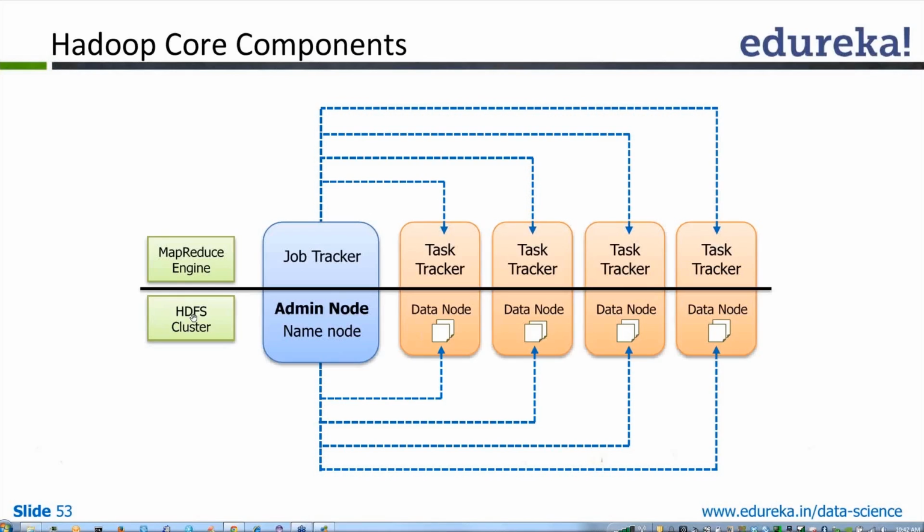Okay, so HDFS is for the storage aspect, and the MapReduce engine is a data processing platform, or the programming model that Hadoop exposes. This one is related to how you process the data, how you analyze the data, how you access the data. So HDFS is for storing the data, and MapReduce is for processing and analyzing the data.